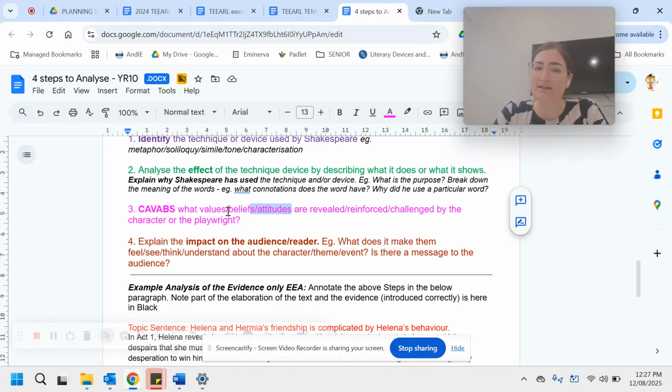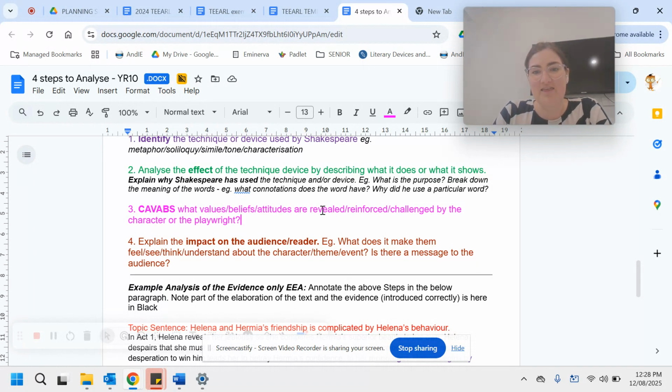reflects the attitudes and beliefs of the time, that being a submissive woman was a positive thing. That's what women's roles were during the 1600s in Shakespeare's time. The attitude towards women was that they were inferior to men and that they should be submissive and obedient to their husbands.